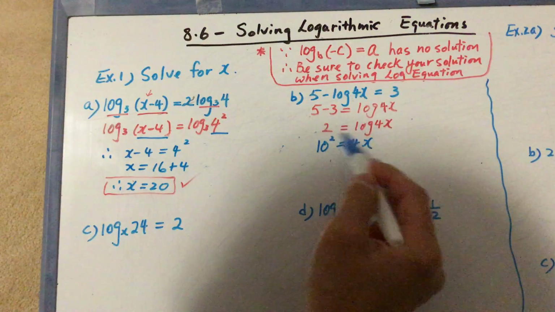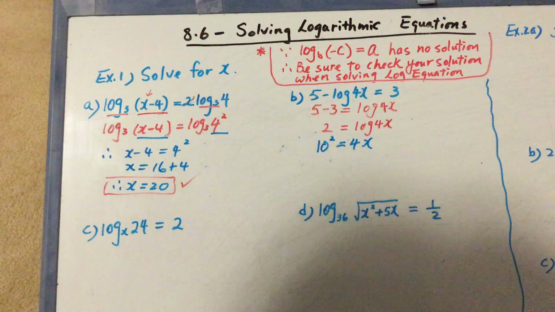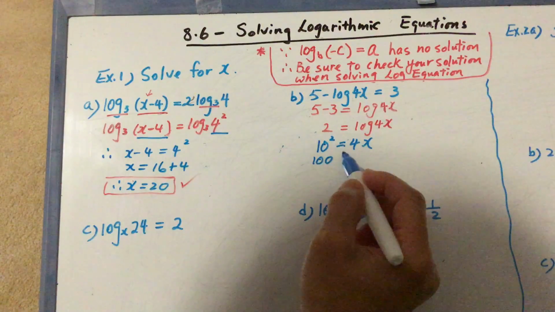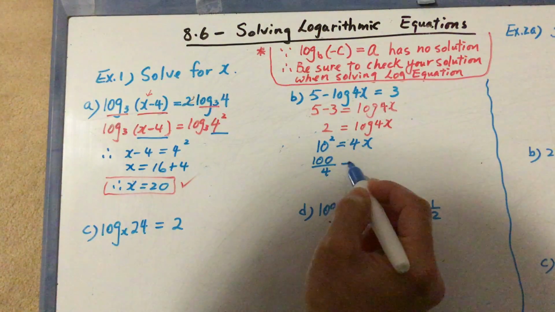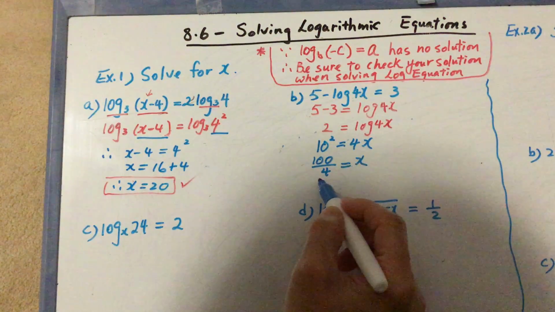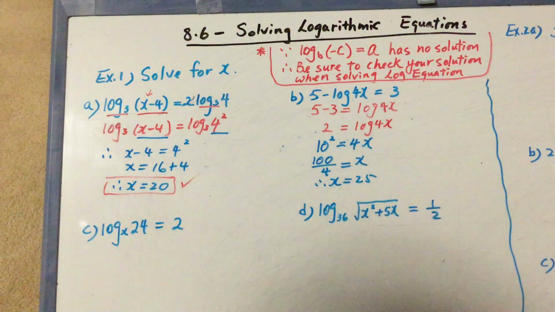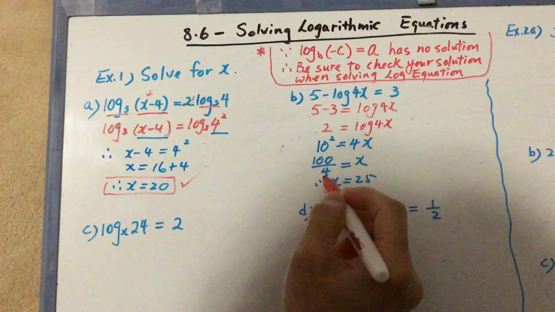If you turn this into exponential form, this is what you get. Now you can solve for x: 100 divided by 4 gives you x. Therefore, x must be equal to 25. This will be the solution for x.